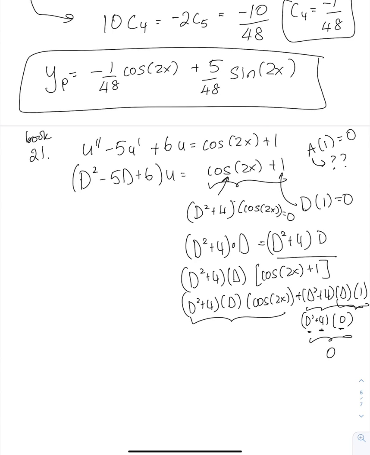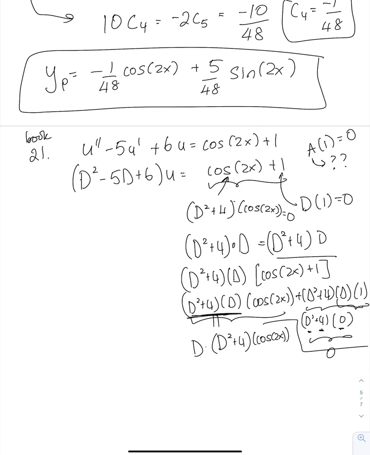How about this? D squared plus 4 of D of cosine 2x. Well, you know what you can do? You can take the composition of different linear differential operators in any order. That was covered in chapter 5, which we didn't do. D squared plus 4 of D is the same as first applying D squared plus 4 to cosine 2x, and then applying D to that.